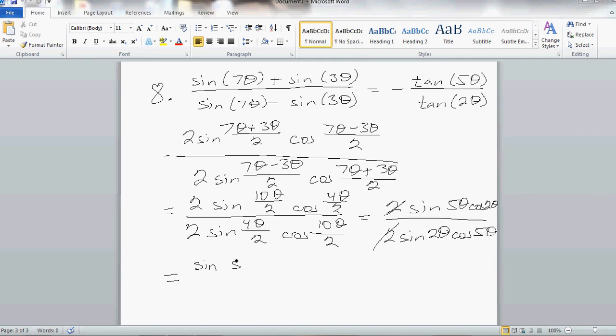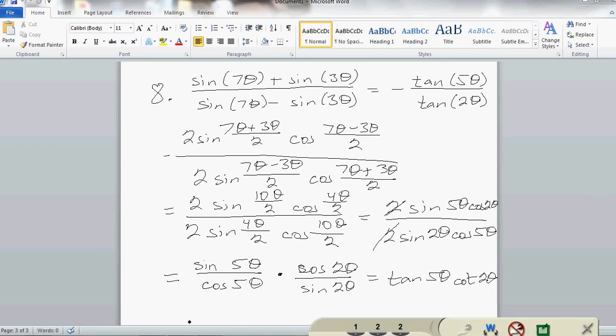I'm going to take the sine of 5 theta over cosine of 5 theta times the cosine of 2 theta over sine of 2 theta. Well, sine of 5 theta over cosine of 5 theta is the tangent of 5 theta. Cosine of 2 theta over sine of 2 theta is the cotangent of 2 theta.